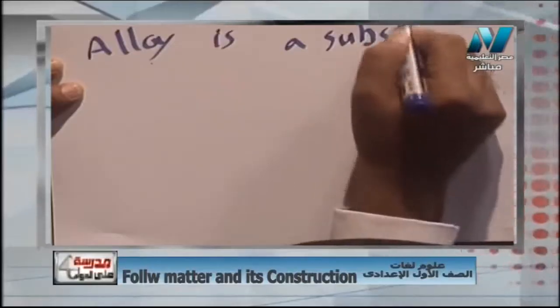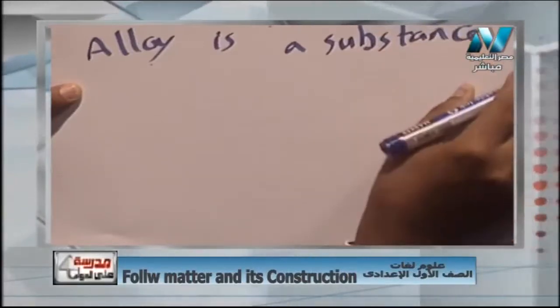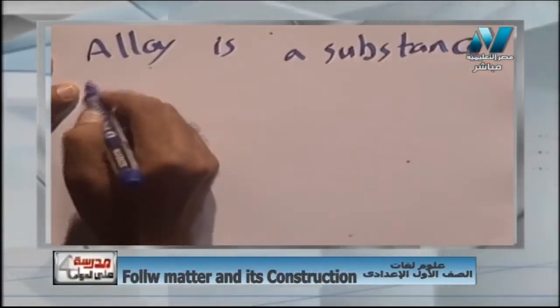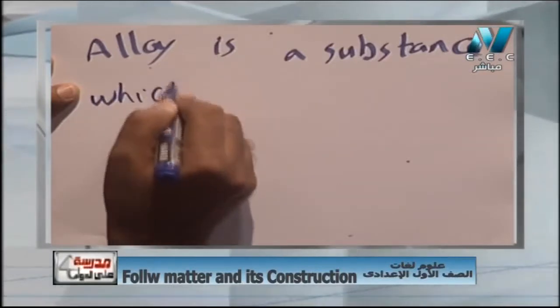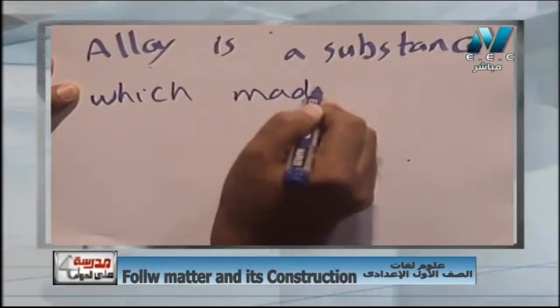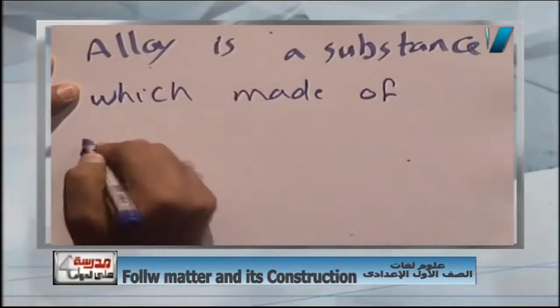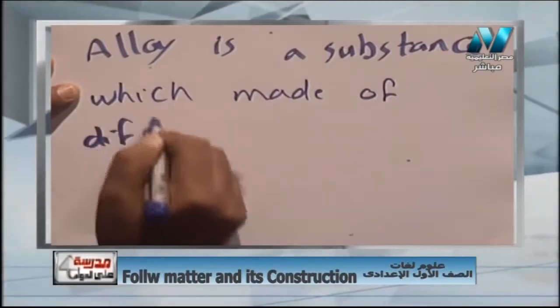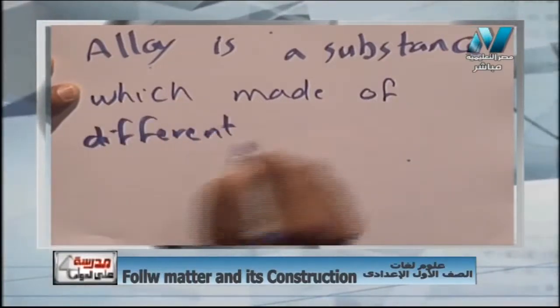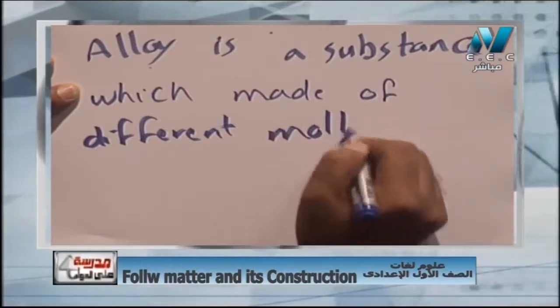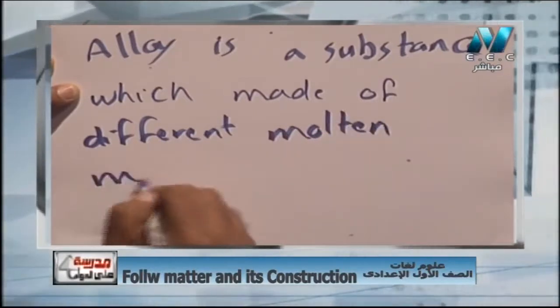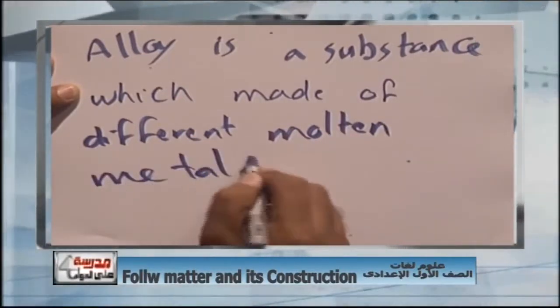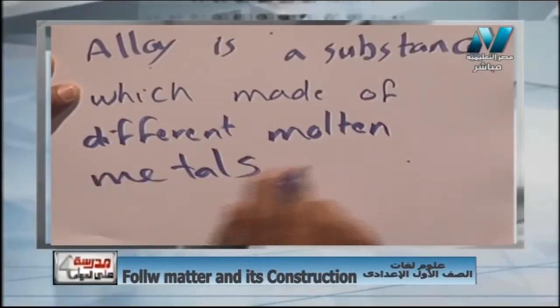Alloy is a substance which is made of different molten metals.